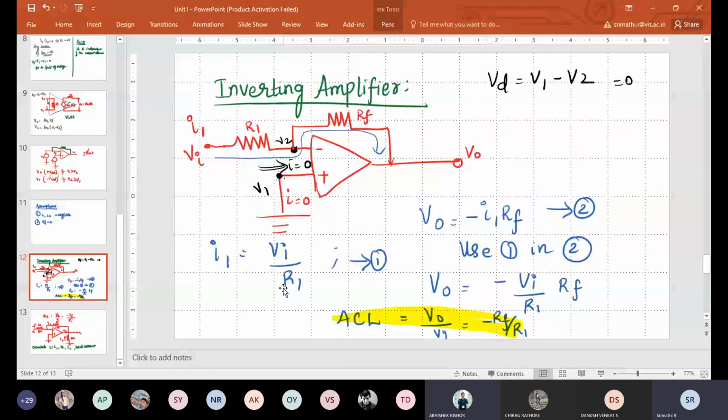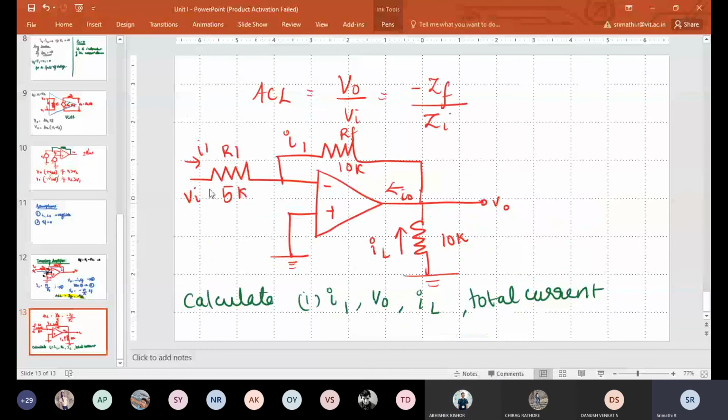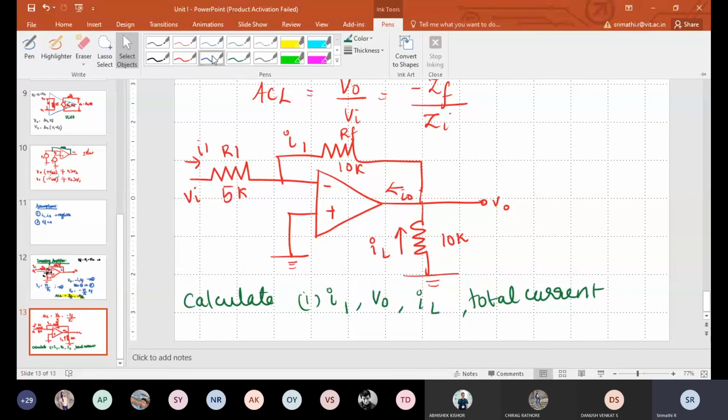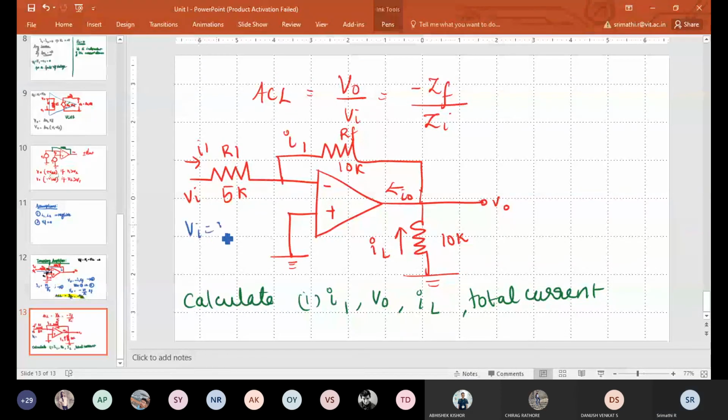VI by R1. In this problem, what is your VI given? VI, take it as 1 volt. So we know that I1 is nothing but VI by R1 for subdivision A.